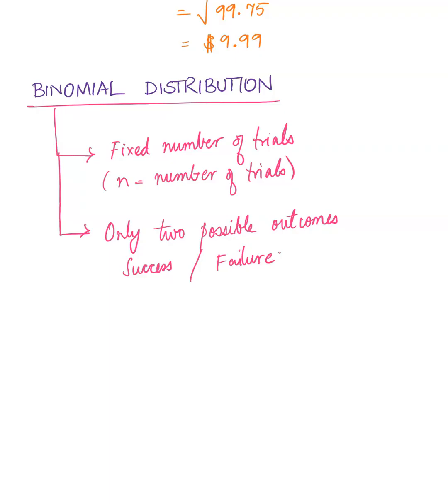Or my focus could be on those who are not wearing eyeglasses, and so the failure will be all those who are wearing eyeglasses. On the other hand, if I change my experiment and my interest is in those who are wearing eyeglasses, then my success would be the probability of those wearing eyeglasses, and my failure would be those who are not wearing eyeglasses. So it doesn't have to be fixed on a generally assumed success or failure. It just is what the researcher defines to be success, or what the problem defines to be success in that problem. Again, remember, this is for generality.